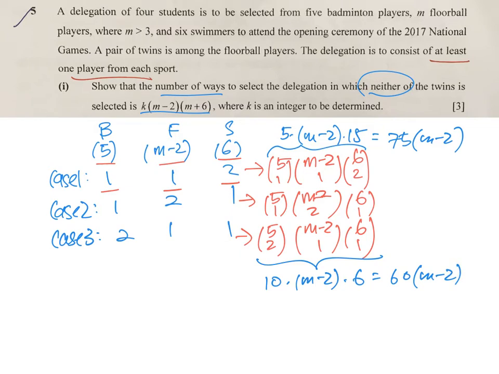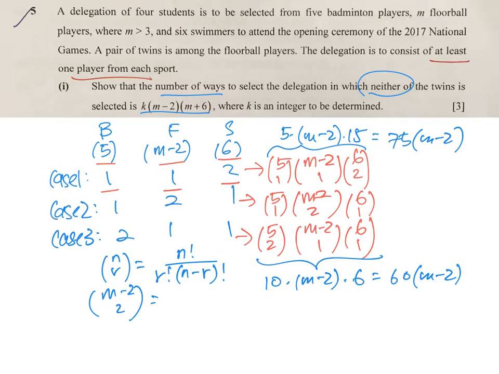For the second case, it needs a bit more working because we are dealing with n minus 2 choose 2. So changing this to the expression that involves a factorial, note that n choose r is basically the same as n factorial over r factorial multiplied to n minus r factorial. And this is actually given in the MF 26 under the binomial expansion.